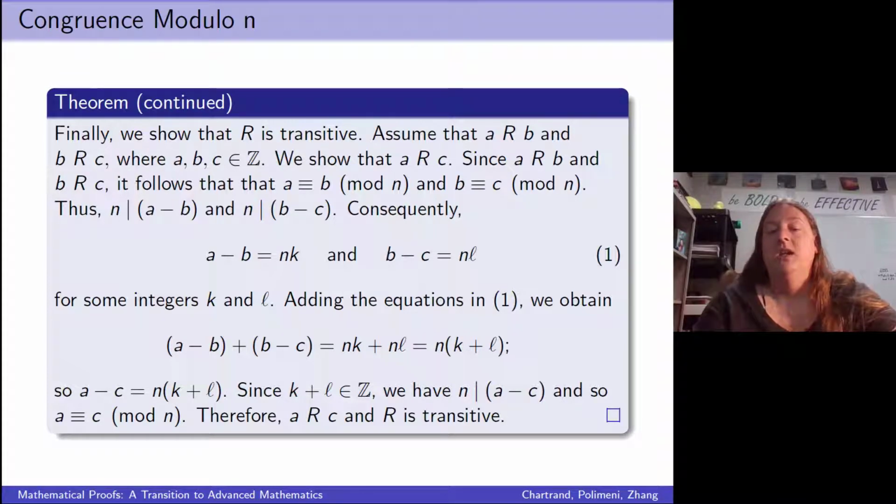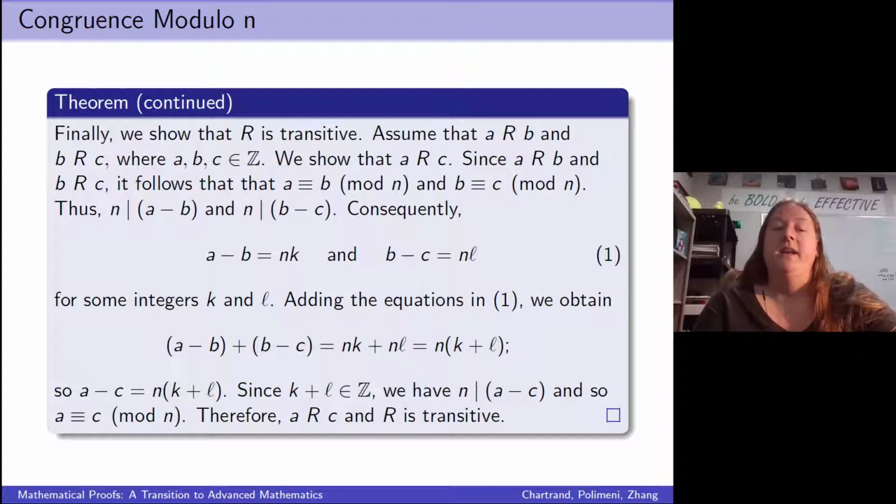and l. And we can add this together, and we get a minus b plus b minus c on the left-hand side, and on the right-hand side we get nk plus nl. Well, notice we can factor n out, and we get n times the quantity k plus l.